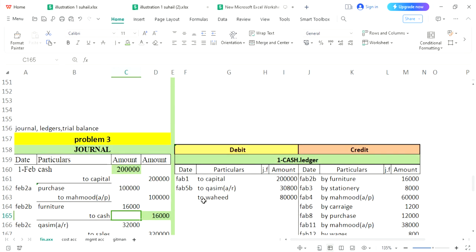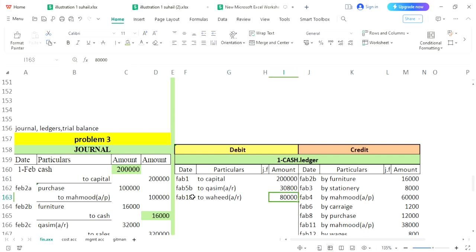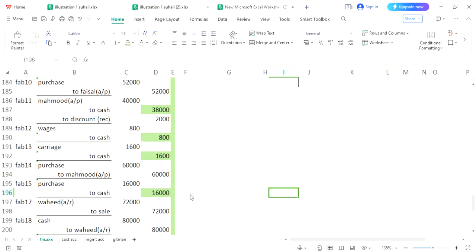Put the date first, February 18, and now you are supposed to write account receivable as well. It will help us to make accuracy in our ledger. So what we have done, date February 16 is written, reference Wahid is written, amount 80,000 has been posted. So let's mark this 80,000 as completed entry.